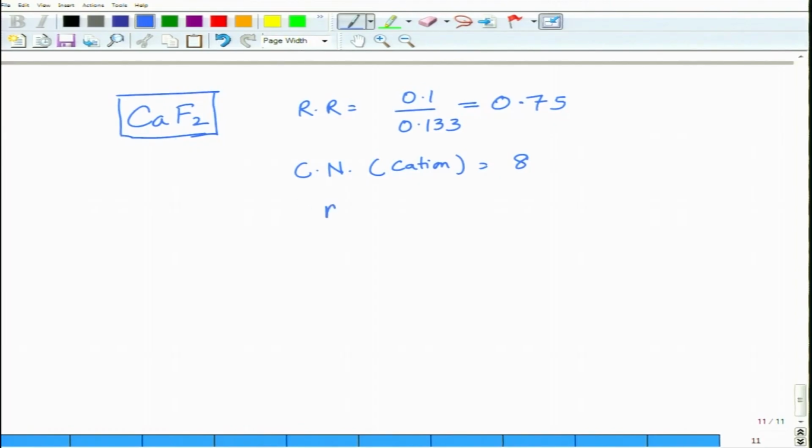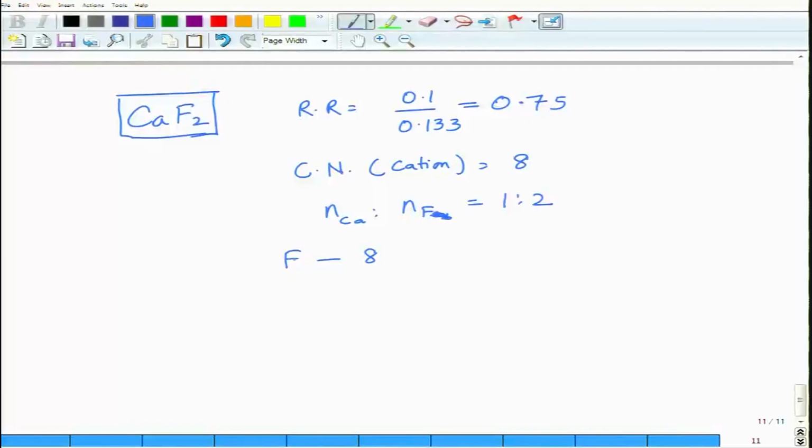CaF2 has a number of Ca to number of F, for one calcium there are 2 fluorines. Valence wise, calcium has +2, fluorine has -1. So if the number of atoms and the number of valences are now uneven, then coordination number is also going to be uneven.